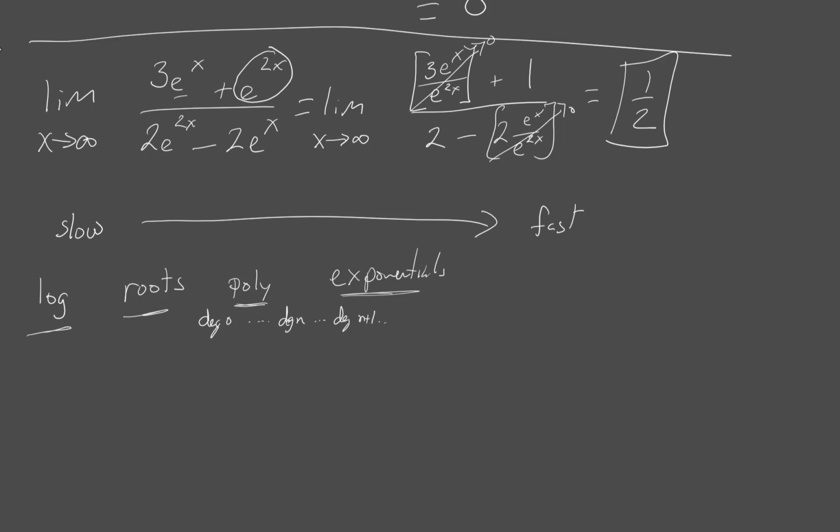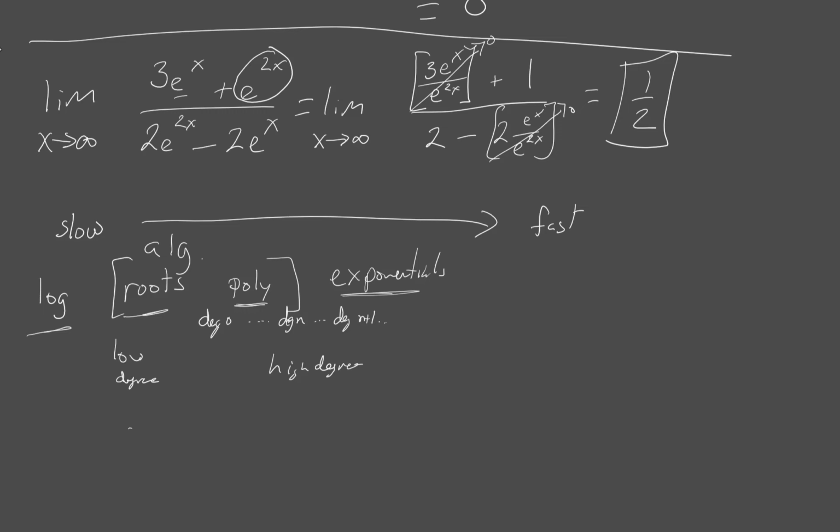So these I would call algebraic, and you're going to have low degree here, and then high degree here. But all your algebraic stuff comes in the middle, logs are on the left, exponentials are on the right.